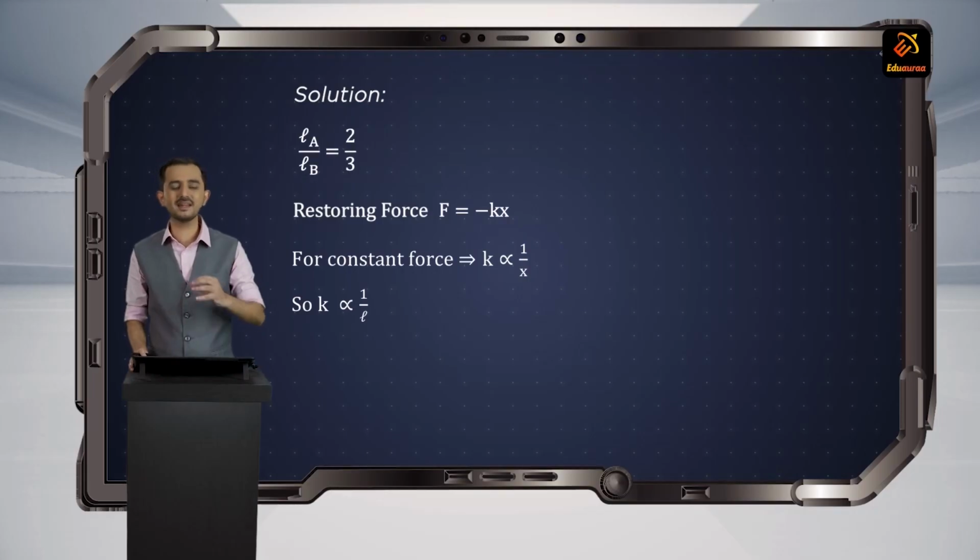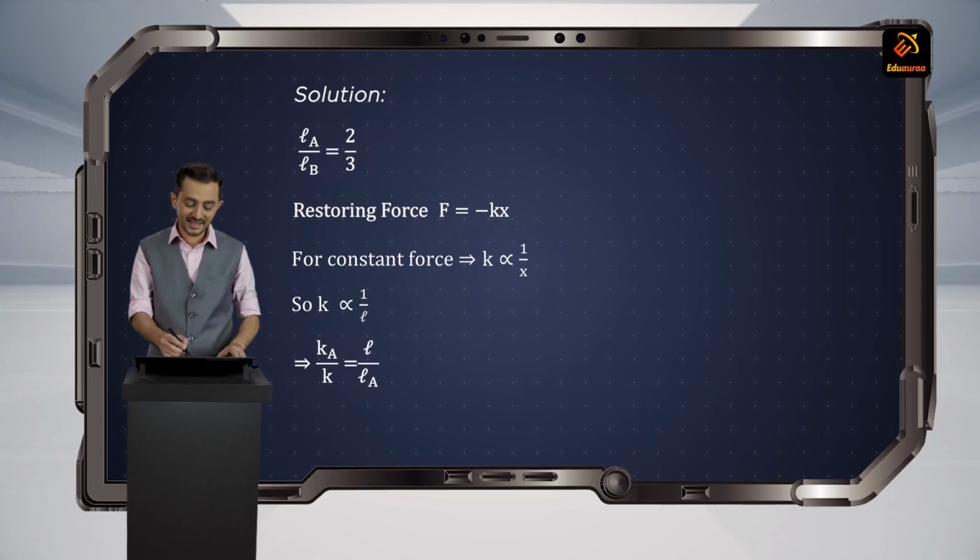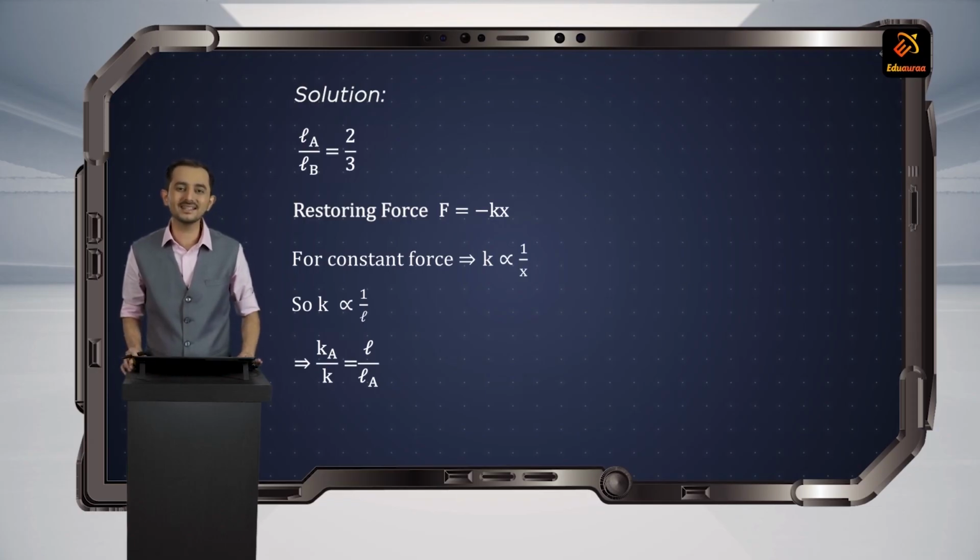So in terms of ratio, we can say Ka divided by K is equal to L divided by LA, because K is inversely proportional to length L. Students, L indicates the entire length of the spring.